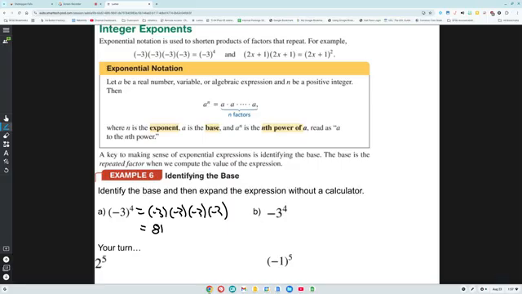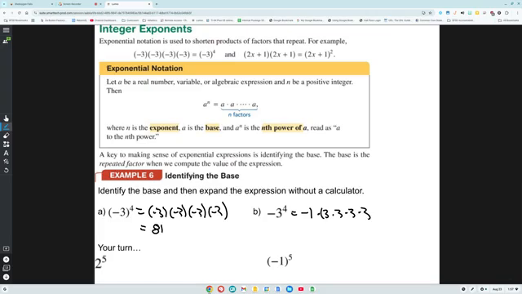And to illuminate how we could have easily made a mistake, there is a difference between the number -3 raised to the 4th power and negative of 3 raised to the 4th power. This negative of 3 to the 4th really means -1 times 3 times 3 times 3 times 3. In this case, my base is 3, not -3. So I have to be really, really careful with that.